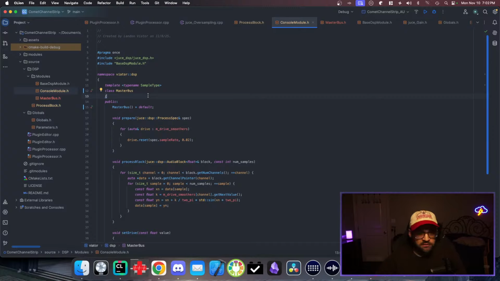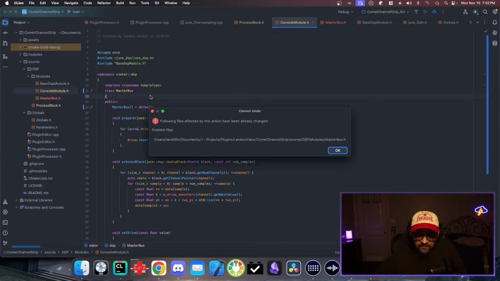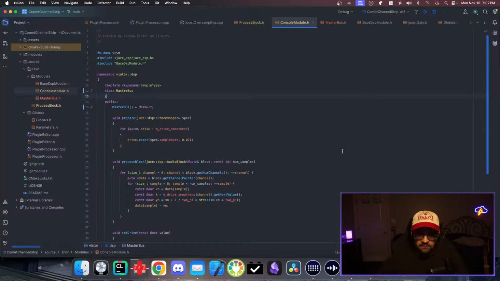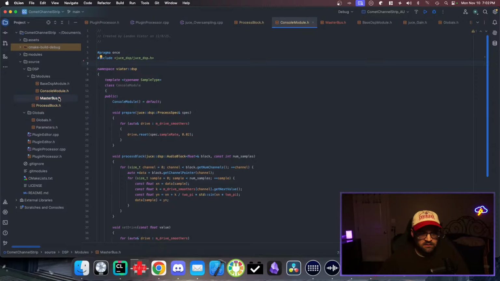Oh, what did I do? Oh, yeah, I did replace, and it did all instances of that console module. So that should be good, and that should be fixed now.